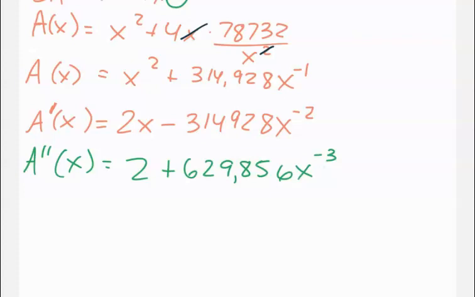And the only reason we cared about that was just to double check that that 54 is actually a minimum because we were trying to minimize the surface area, right? Like minimize the amount of stuff we were using. And so if I put 3 into this, 629,856 divided by 3 to the third, so divided by 27 gives me like 23,000. So I have 2 plus 23,328.